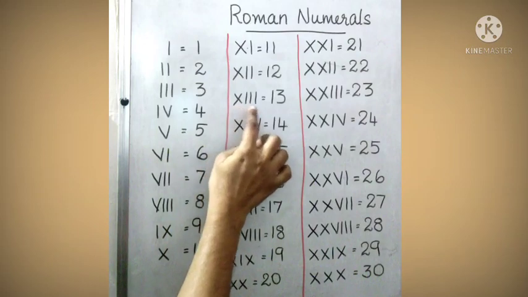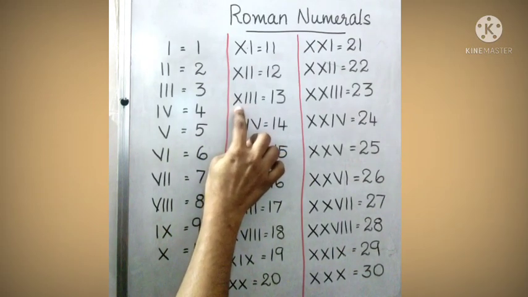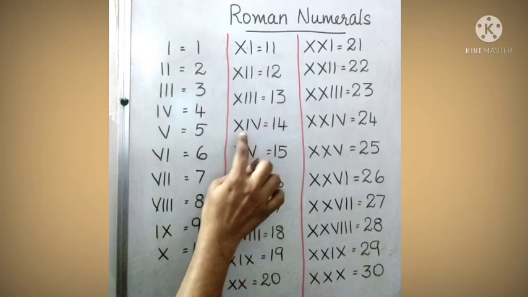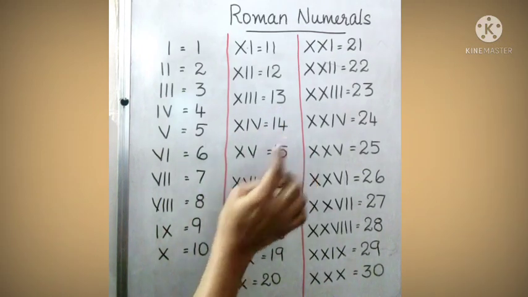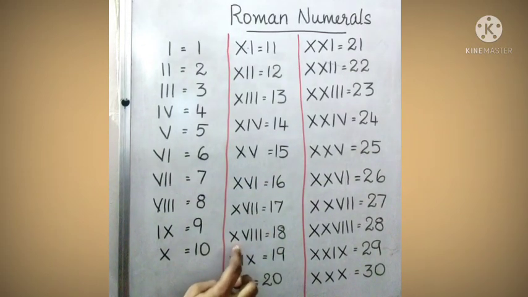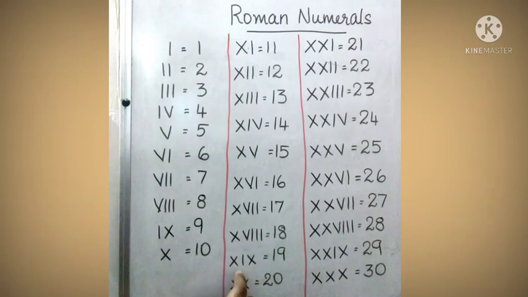Then look here, 13. 10 and 3 I's, X and 3 I's, 13. Here 4, 5 minus 1, 14. Then look here, X, 5 and 3 I's, 18. Then X, 10 minus 1, 19.